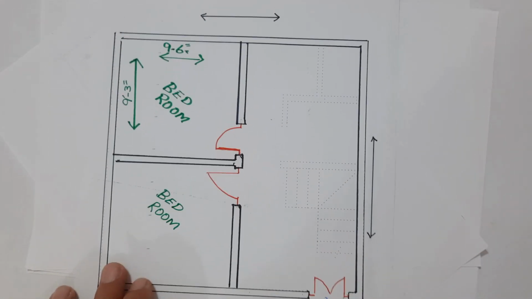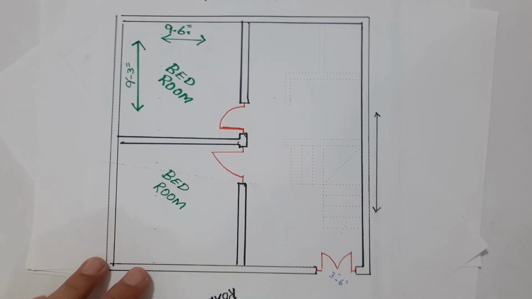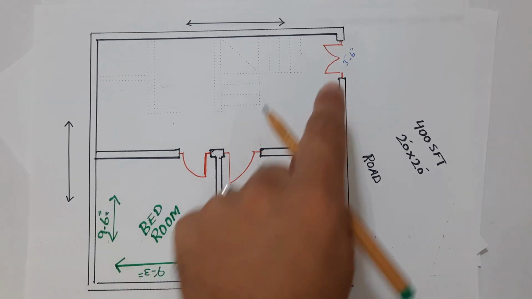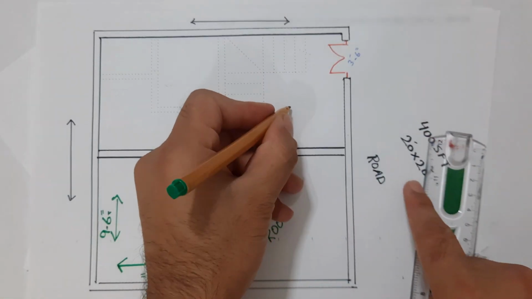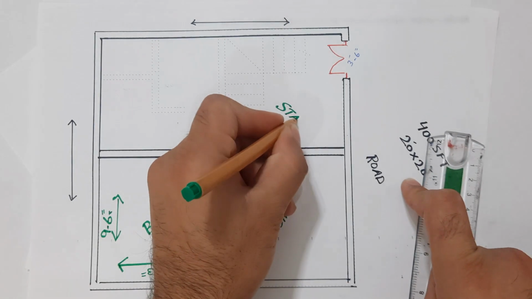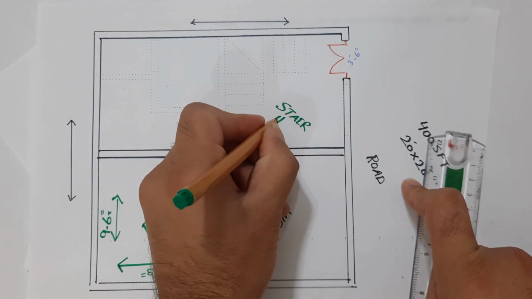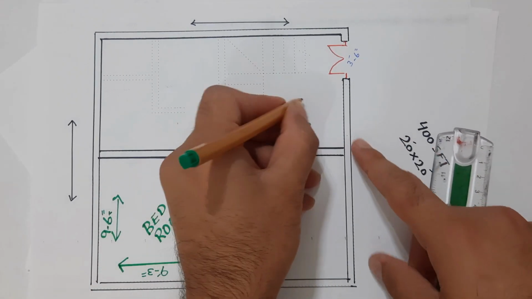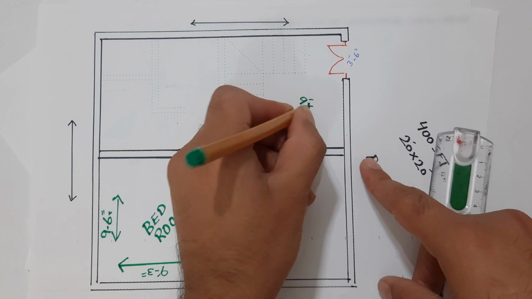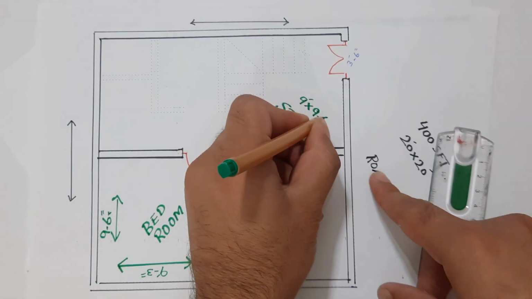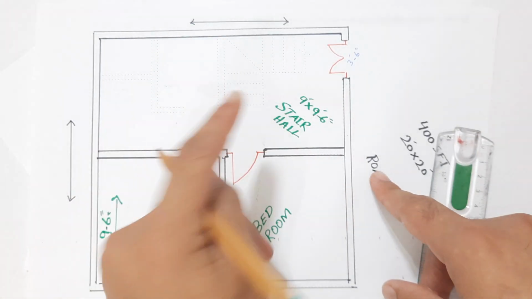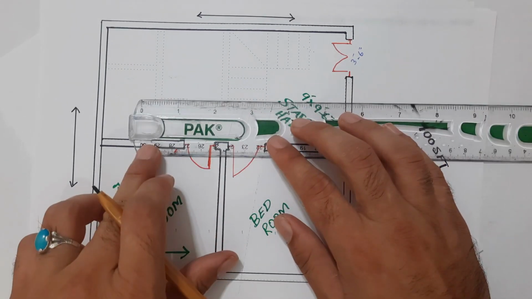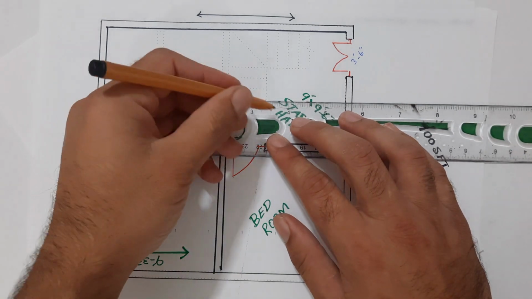So here guys, you can see here this is main entrance. So this is stair hall. This stair hall size is 9 feet by 9 feet and 6 inches. Next guys, in this stair hall, you can see these are steps.